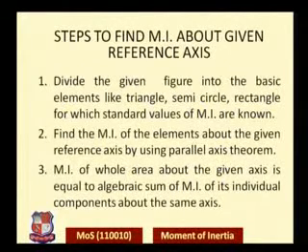After that you determine the MI of each individual element on the given reference axis, and then at last the MI of the entire area about the given reference axis would be equal to the algebraic sum of the MI of its individual elements.